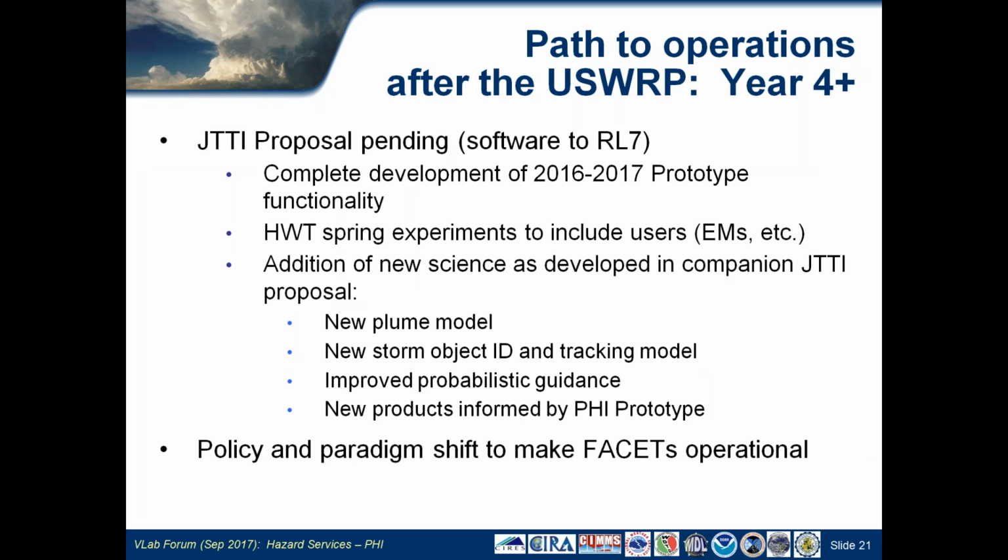So next slide, we have submitted a JTTI proposal, which is pending, to complete development of the prototype functionality and have spring experiments continue in the Hazardous Weather Testbed, plus some addition of new science. So we'll see how that proposal goes, but we'll continue to look for funding to make this work continue and actually come to operations.